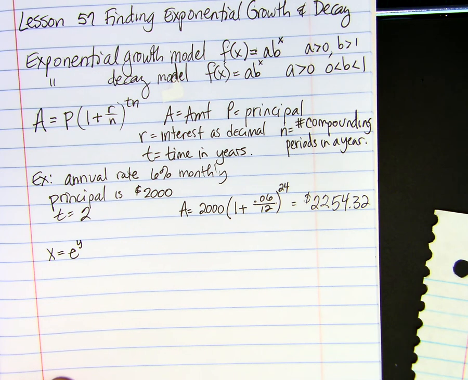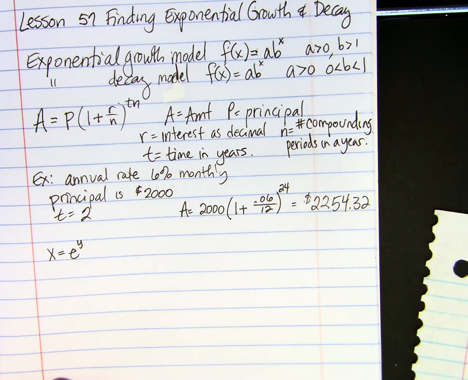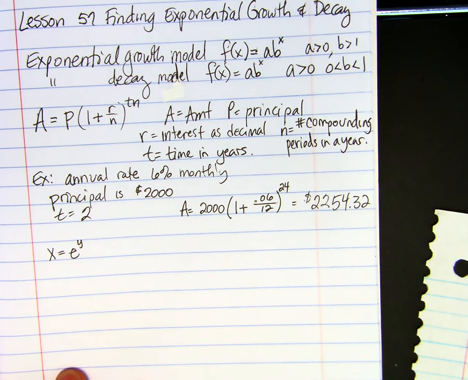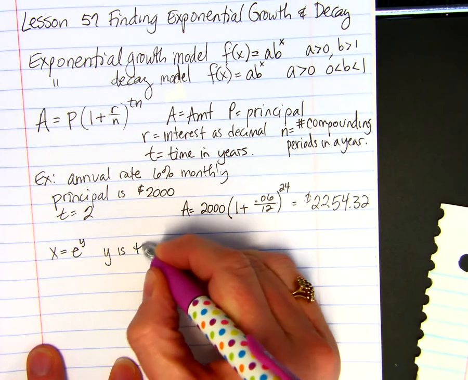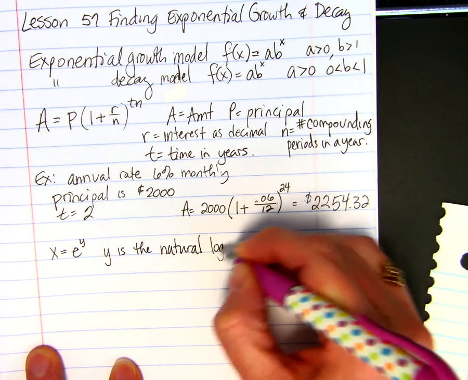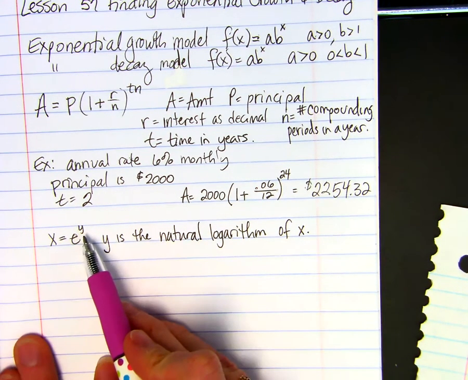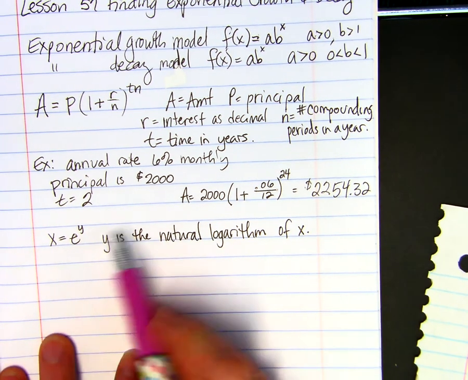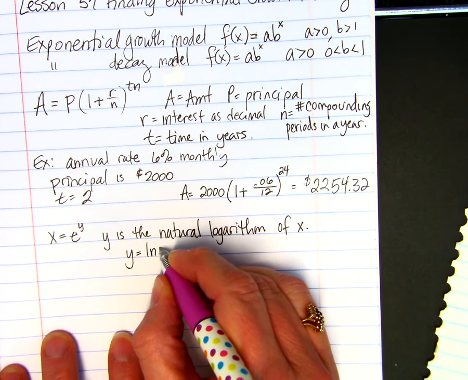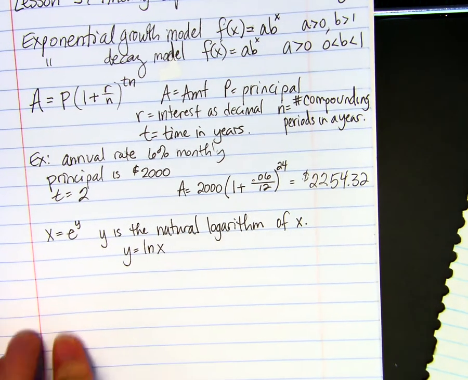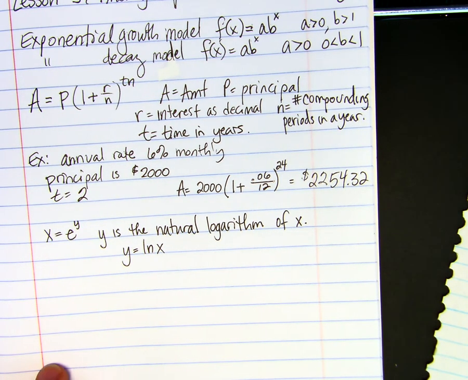The natural logarithm of a positive number x is the power to which e is raised to get x.